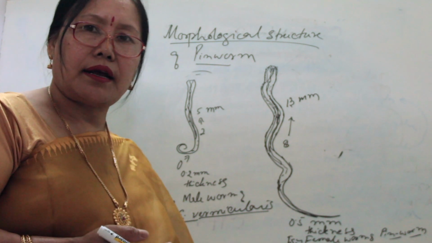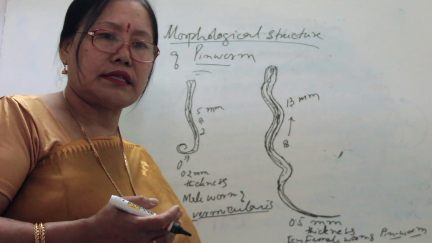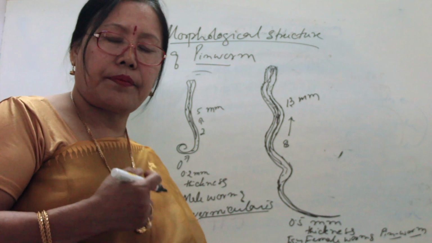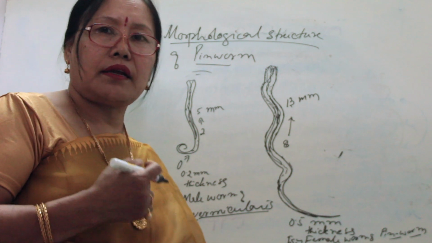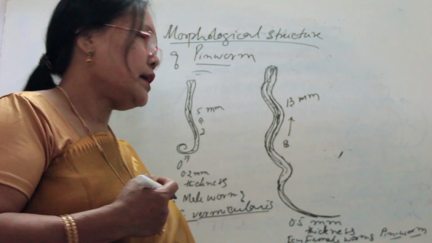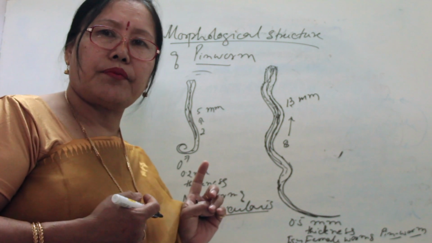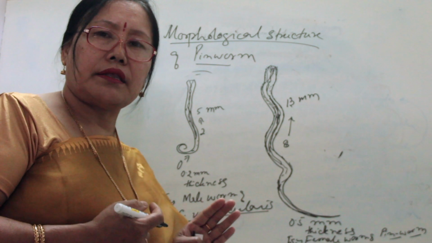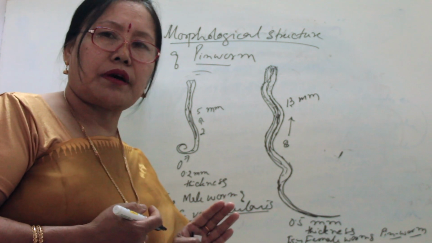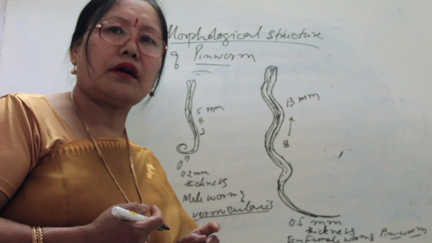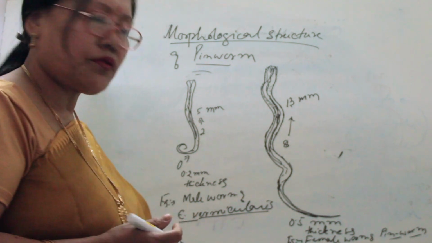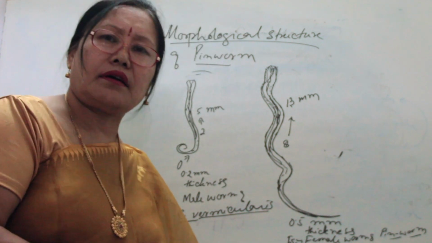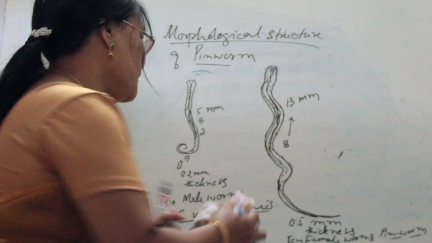The next is the larva, which is ingested by the host, penetrates the stomach and develops in the small intestine. The next structure is the male and the female worm. Males are shorter than females, and they develop in the first part of the small intestine, that is the duodenum. This is all about the morphology. Then the next is the life cycle of pinworm.